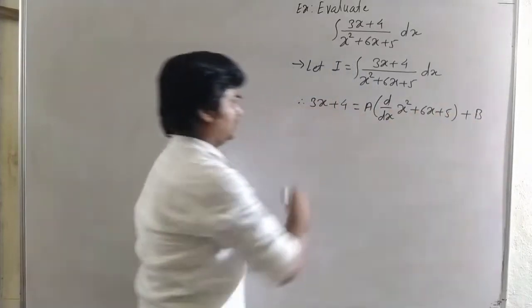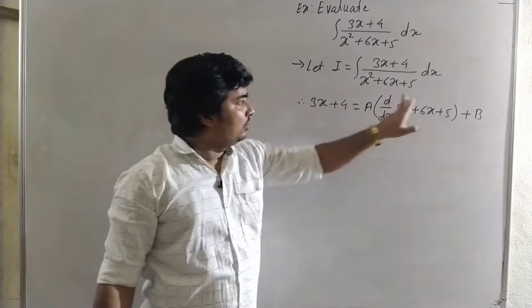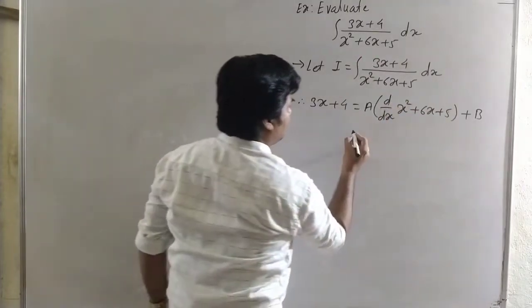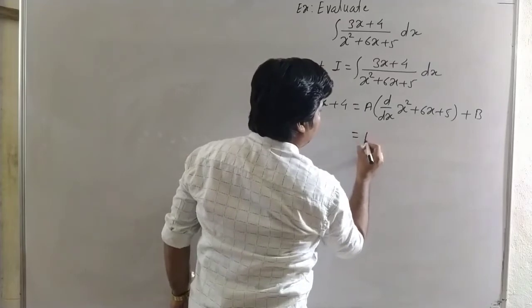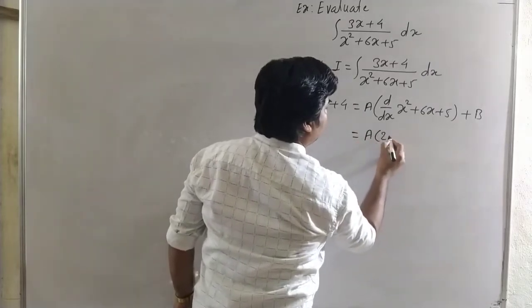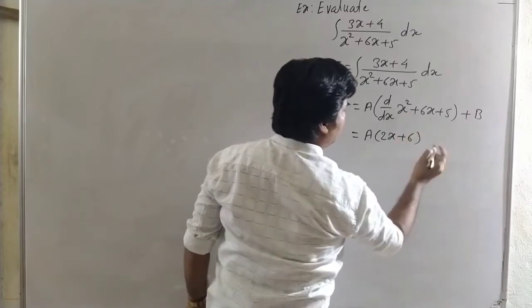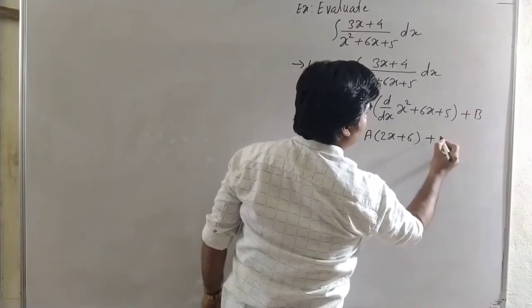Linear function is equal to a into derivative of quadratic function plus b. Now we can solve this. We get a into 2x plus 6, plus b.